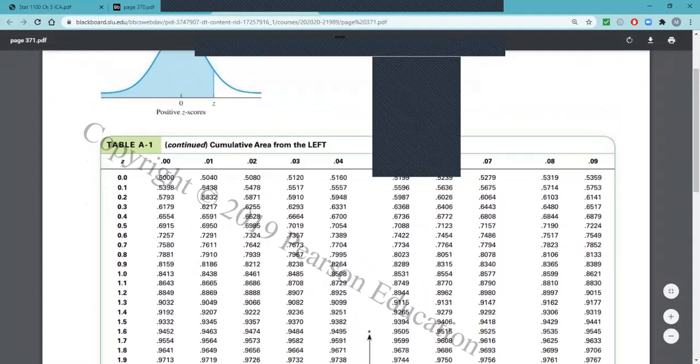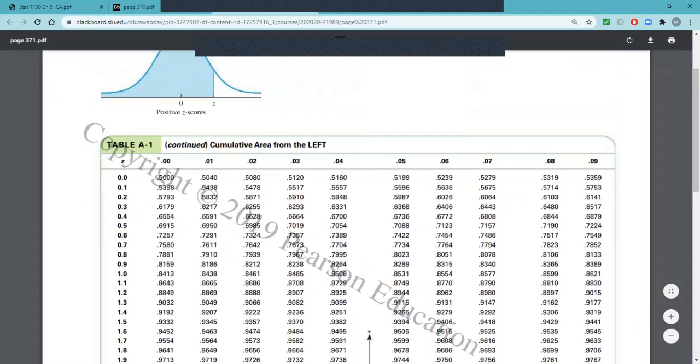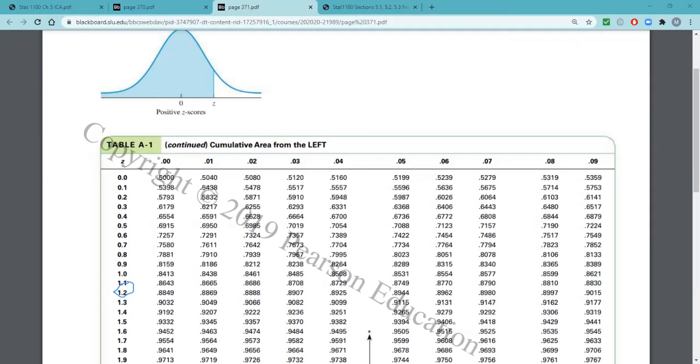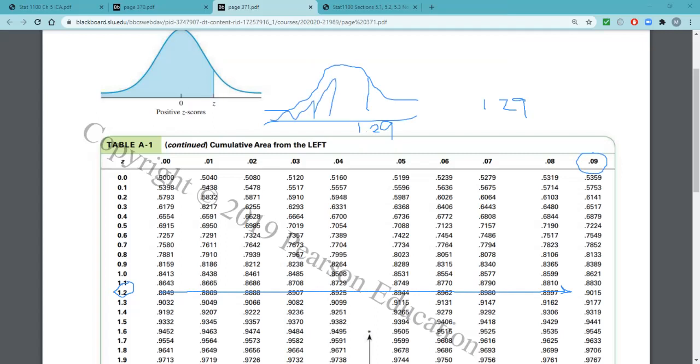So in this example, we're looking for 1.29. I'm going to go all the way across, and I see that when my z-score is 1.29, I have roughly 90.15% of my data below that.